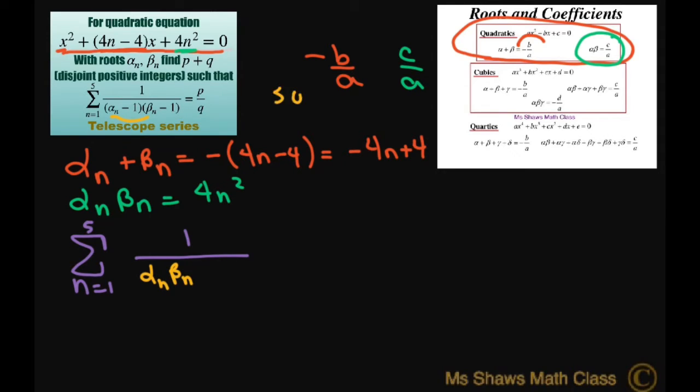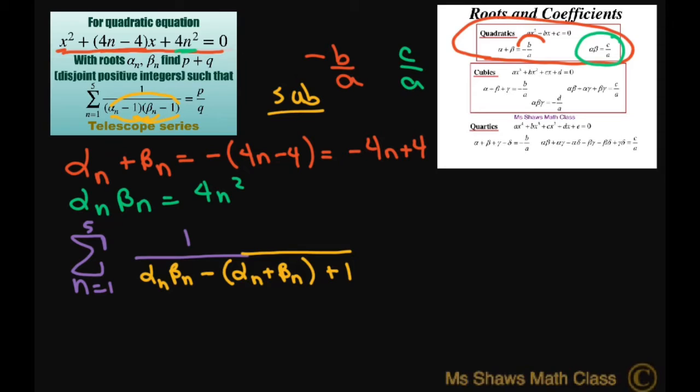I'm saying sub for subscript. Okay, minus, for this one we have alpha sub n plus beta sub n, and then negative 1 times negative 1 gives you plus 1.